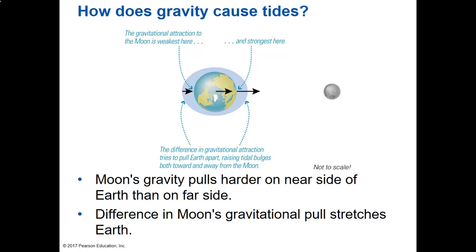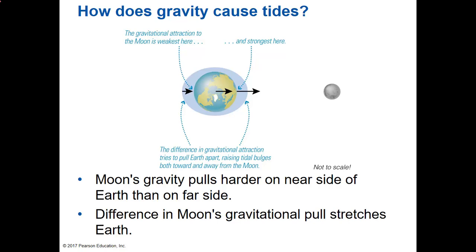Gravity attracts Earth and the Moon towards each other, but it is slightly different at different locations on the Earth.